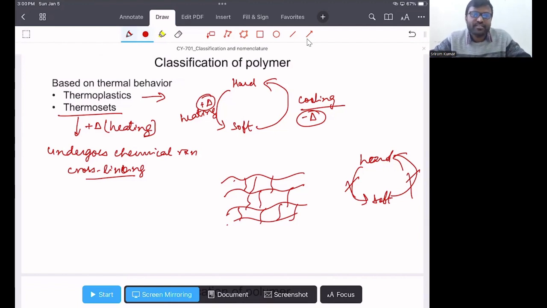So that is the key difference between thermoplastics and thermosets.